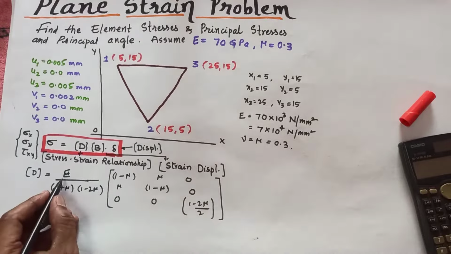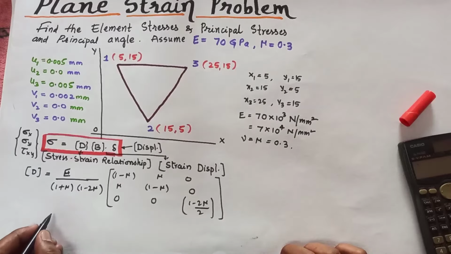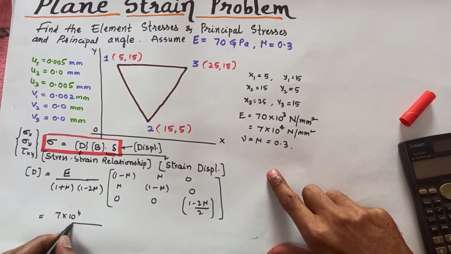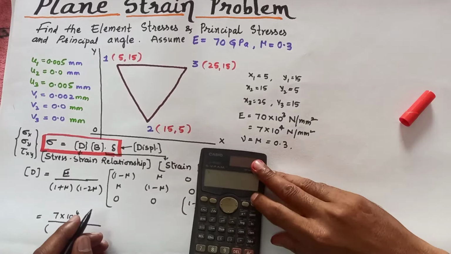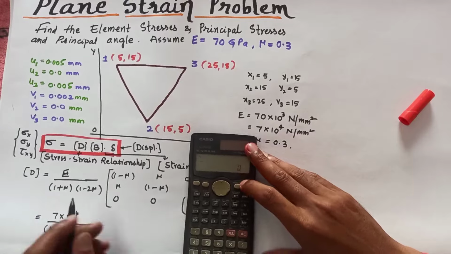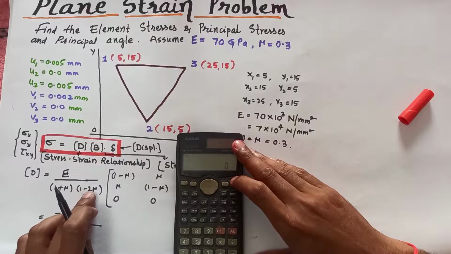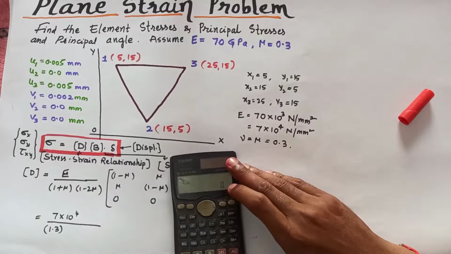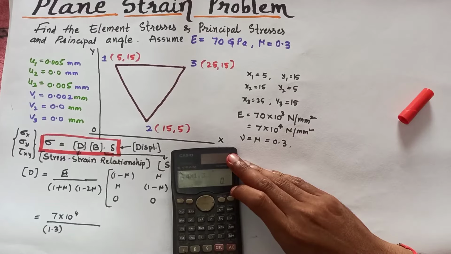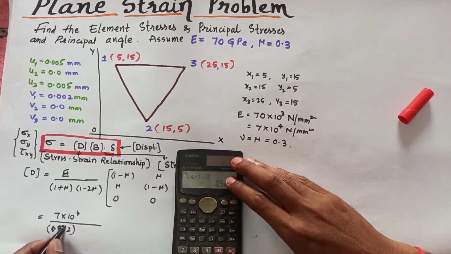Okay, so now you need to substitute the values of E and mu in this matrix. Here E is given as 7 into 10 power of 4 by 1 plus mu, that is 1.3, since mu is 0.3. So finally you can calculate the entire value. 1 minus 2 mu is 1 minus 0.6, that is 0.4, into 1.3, so 0.52 you can directly write down here.